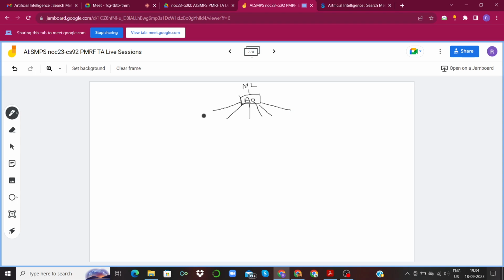For example, no jab Aisha would be one of these things, two jabs Amol would be one of these things, and so on and so forth. The different facts in the initial state that were given to us would basically form a part of these particular nodes.